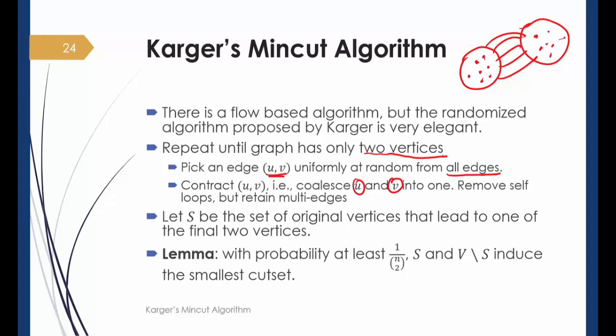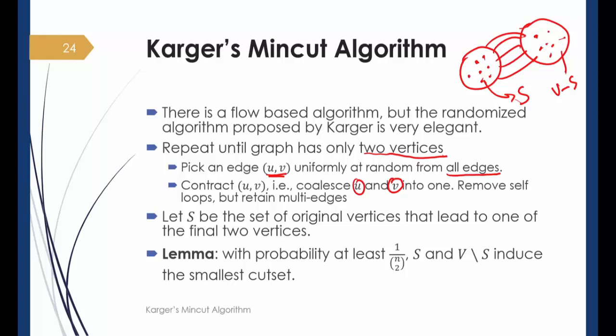So, let us pick one of these super nodes, and the set of nodes contained in this super node is simply S. Which means that the other would be V minus S, and this is our candidate cut.